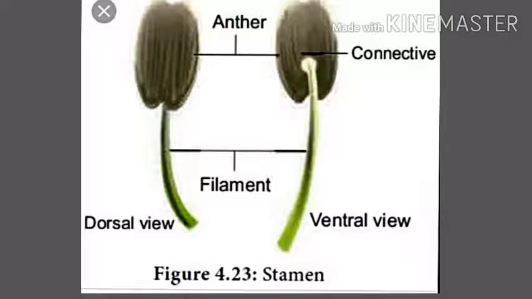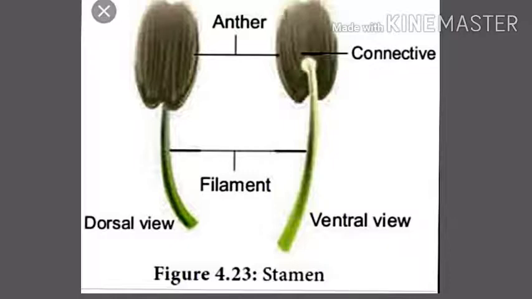Anther is composed of two anther lobes. They are known as bicelled. Each lobe has two chambers. These chambers are pollen sacs. Contains the pollen grains.